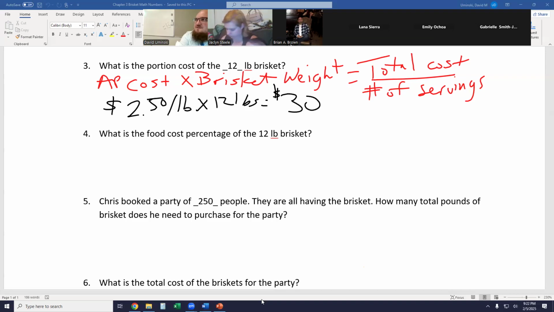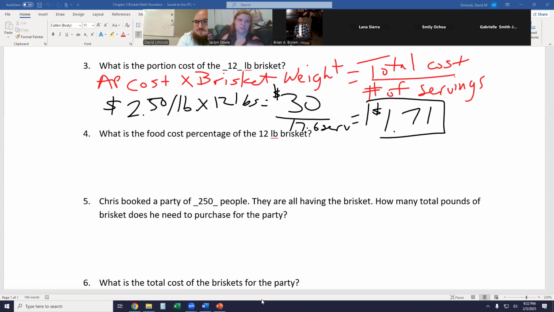You're getting 12 pounds. The total cost is $30. Now I divide that by my 17.6 servings, or my 17 if I want to. And I get $1.71 per serving.